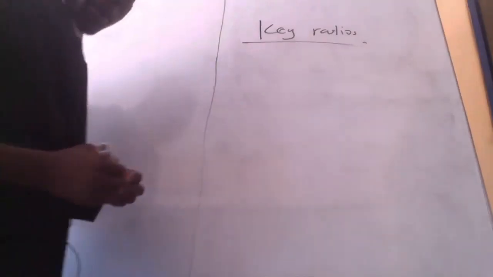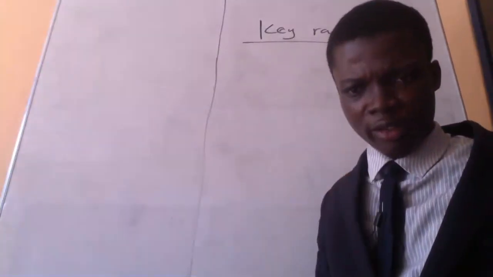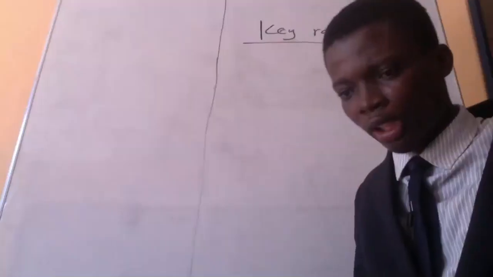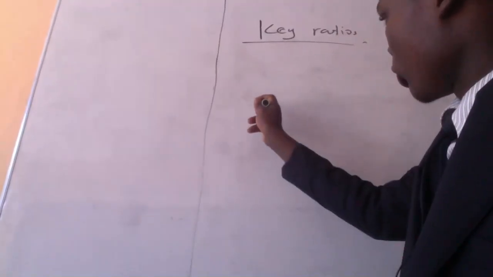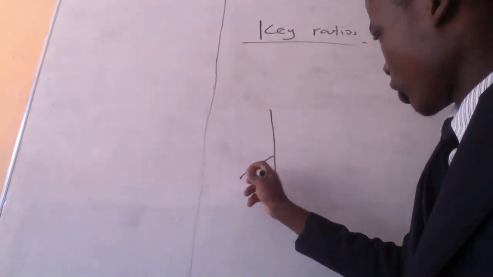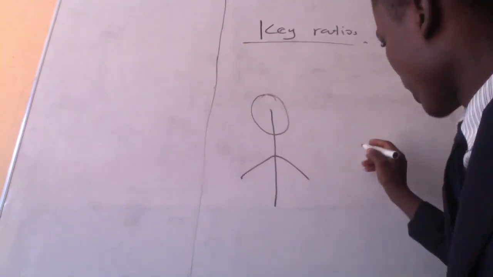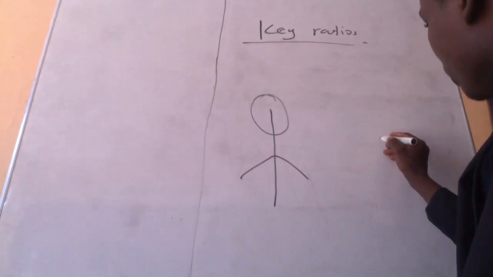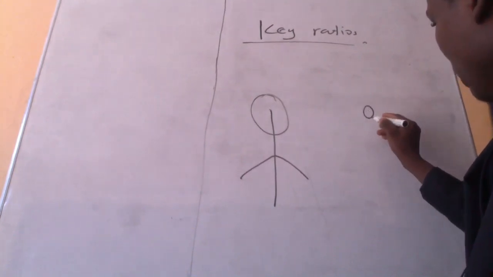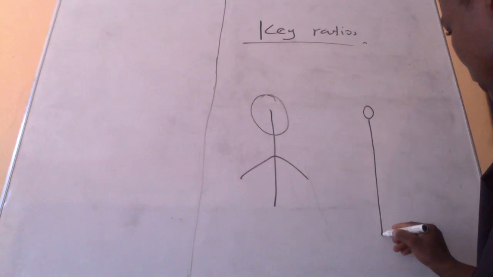Now let me ask you a question. Basically, you have friends. Let's pick two of them, the ones you like most. Let me draw a pictorial sketch for you. Assuming these are your two friends.